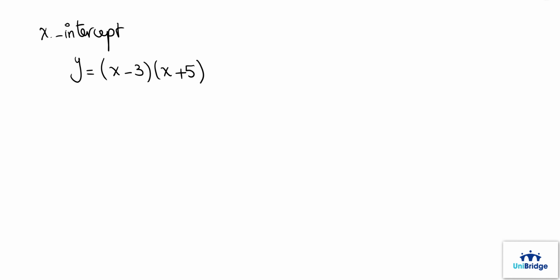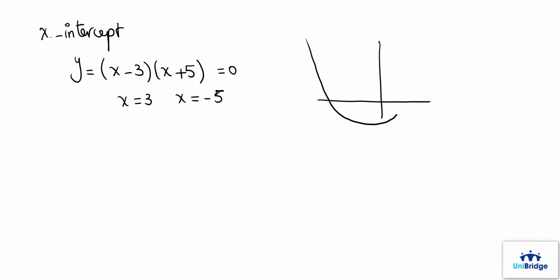Well, this is the x-intercept form, which shows the x-intercepts. If you set this equal to 0, the x-intercepts are going to be 3 and negative 5, right? So if you sketch this parabola, of course, it's looking up since you have a positive number beside the x squared, and you're going to get negative 5 and 3.